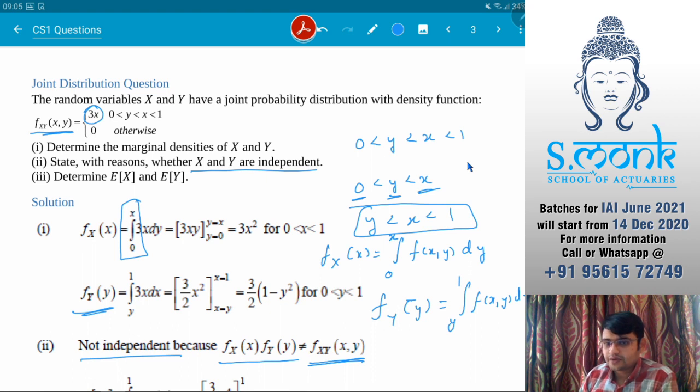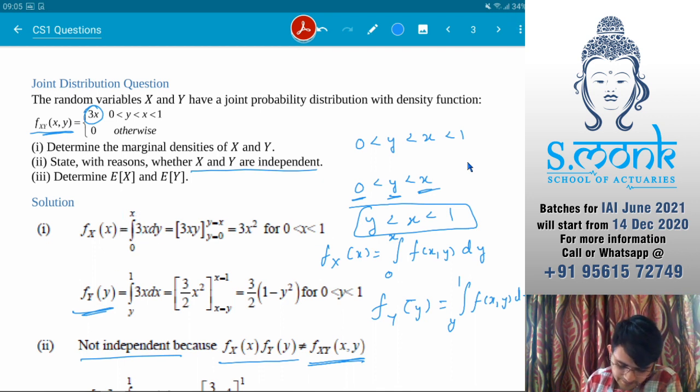Now they are saying x between 0 to 1, y between 0 to 1. Why are they doing this? That is the confusion, I understand.